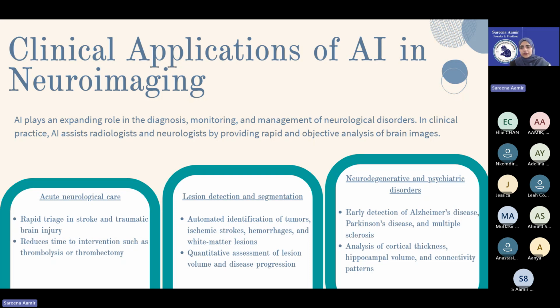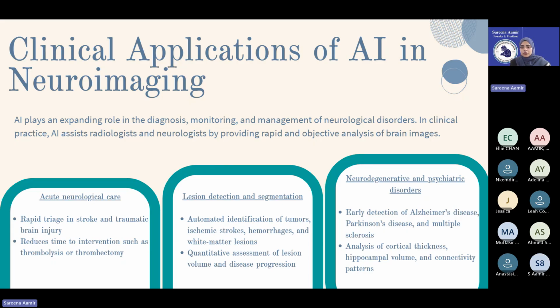It can also be used for neurodegenerative or psychiatric disorders. So early detection of Alzheimer's, Parkinson's, or multiple sclerosis can also be helped because it can improve the prognosis of patients if their disorder is diagnosed earlier because they can get more medical intervention.